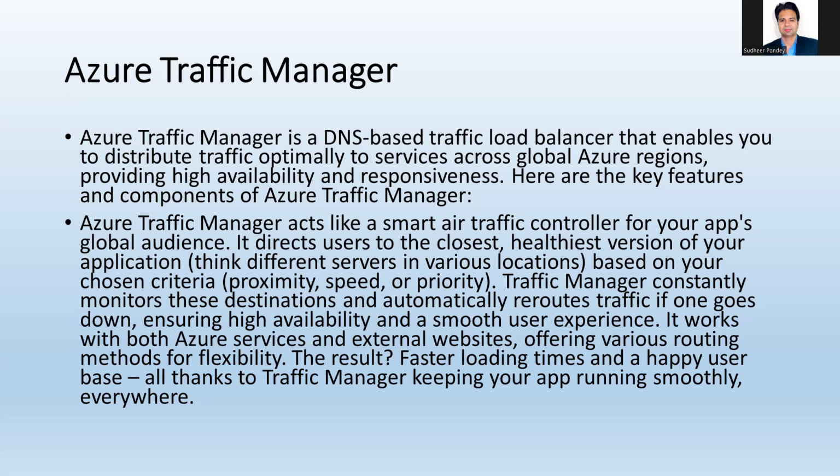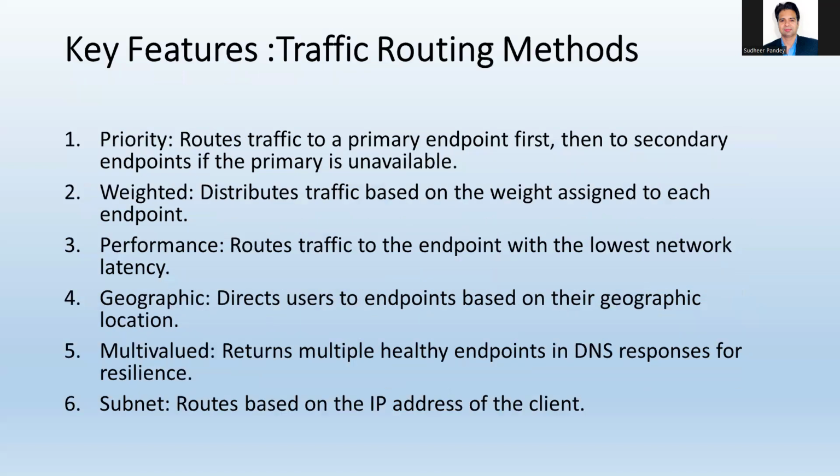So that's how this Traffic Manager brings features to the table. If we talk about key features by name, the very first thing that comes up is traffic routing methods. What routing methods can one define? One, we can do the prioritization.